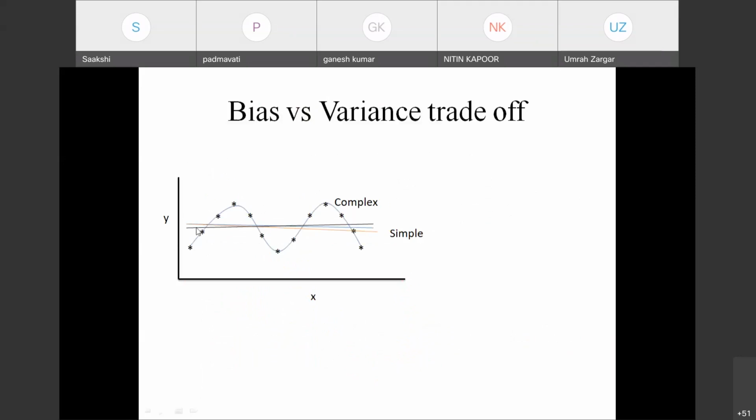Suppose I do have some data points like this. I have selected some data points, based on some 10 data points.